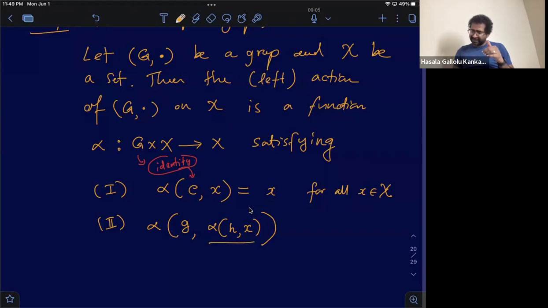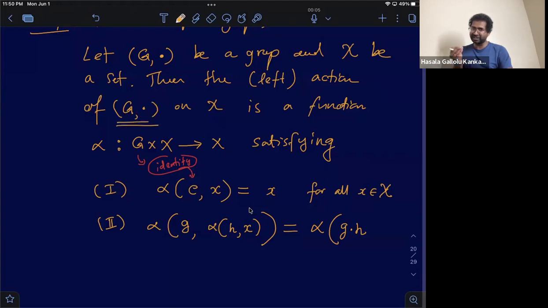As the value that I am associating with, and the interesting thing is this, the output of this should be exactly alpha and then G times H. This times is none other than exactly the operation of the group, right?